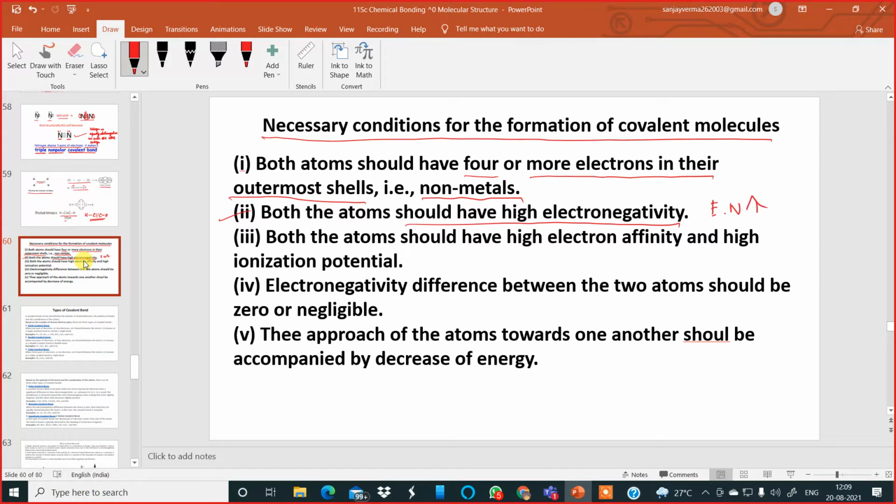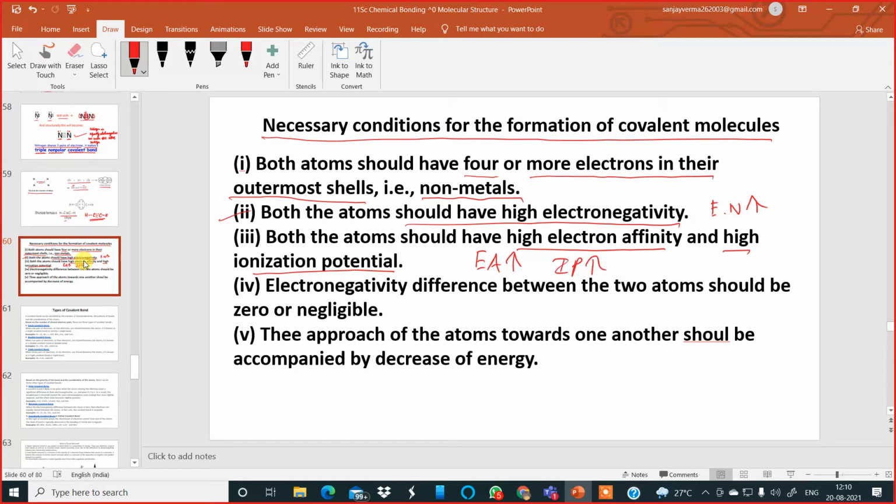Then both the atoms should have high electron affinity and also high ionization potential. That means the electron affinity should be high, and the ionization potential should also be high.